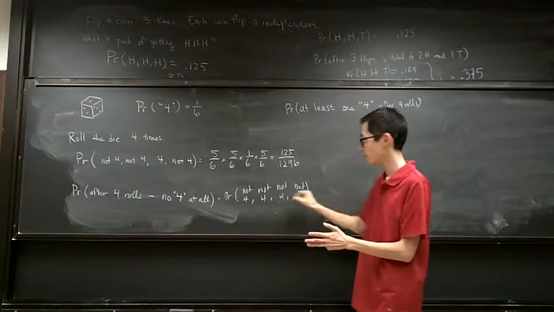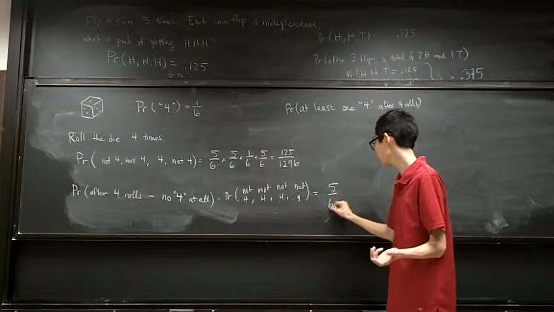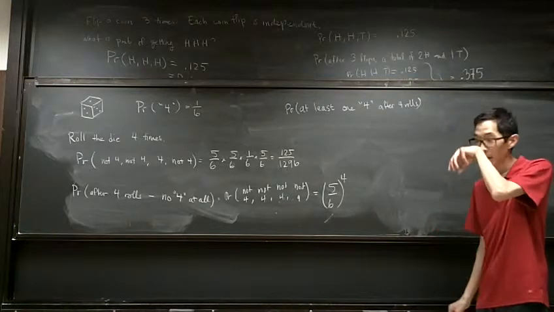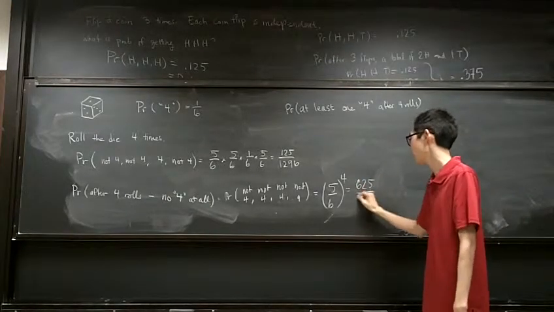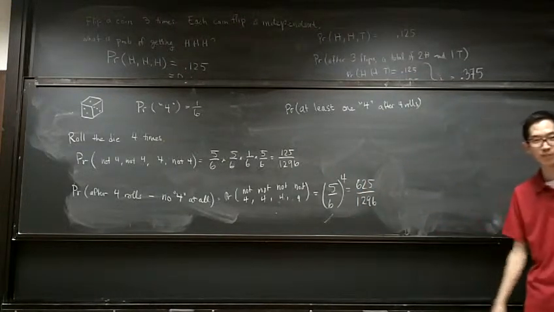If we break it down like this, it's easier to figure out. This just becomes 5 out of 6 raised to the 4th power. Great. 625 out of 1296, or whatever decimal that turns into.